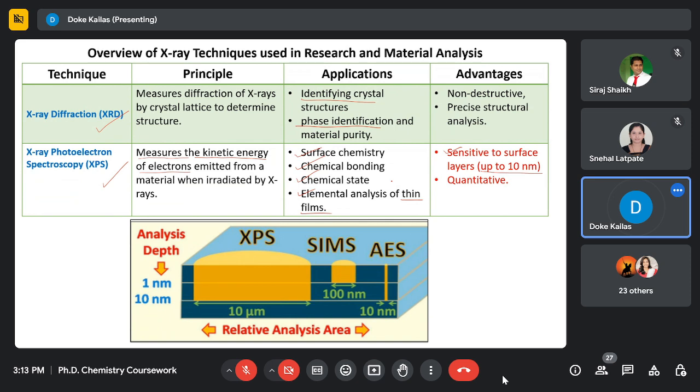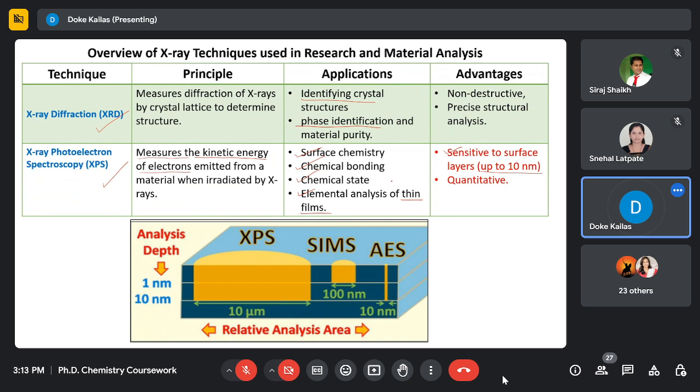The figure below shows three common surface analysis techniques which are used in research. The first one is X-ray photoelectron spectroscopy that we are talking about. The second one is a type of mass spectroscopy, called secondary ion mass spectroscopy.